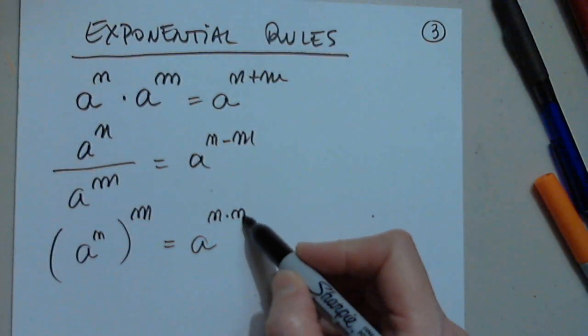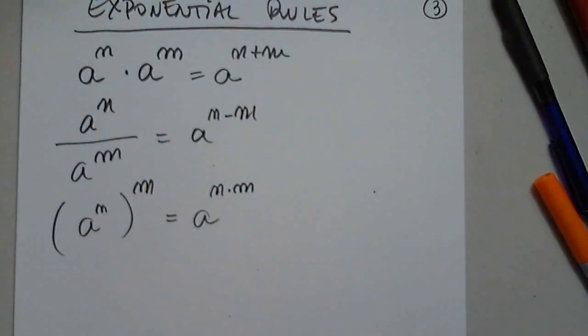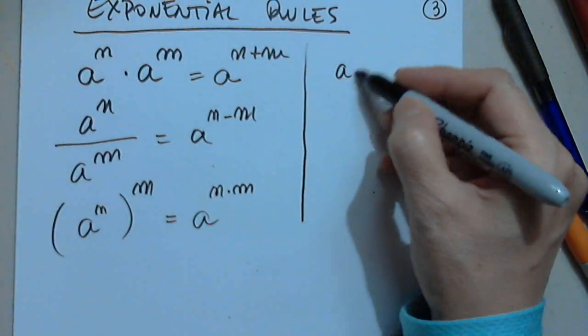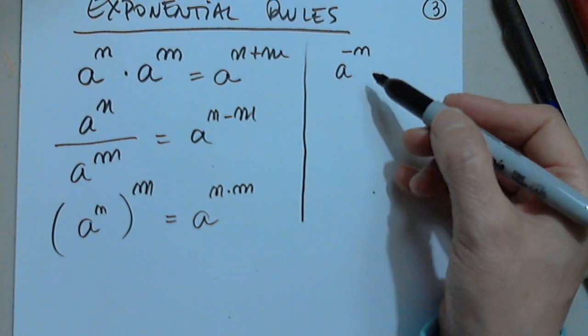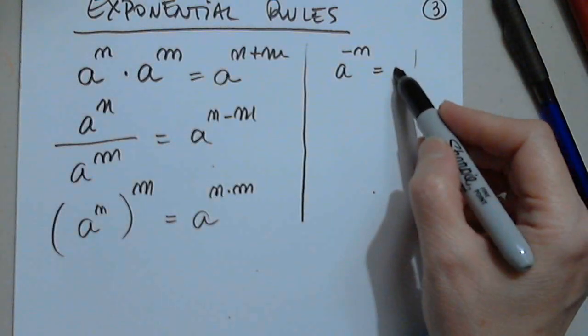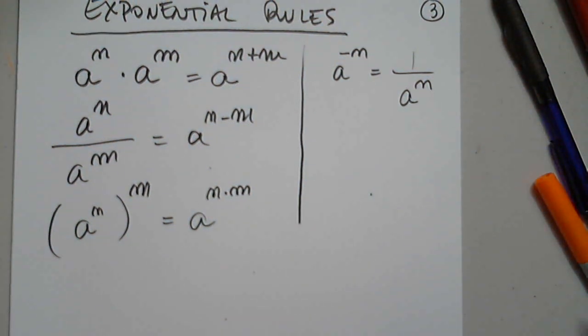Yes, very good. Awesome. It's okay if you don't remember. Now you will. Okay. A to a negative power. Anyone remembers this one? One over a. Very good. Excellent. Thank you. You do remember. Awesome. Okay.